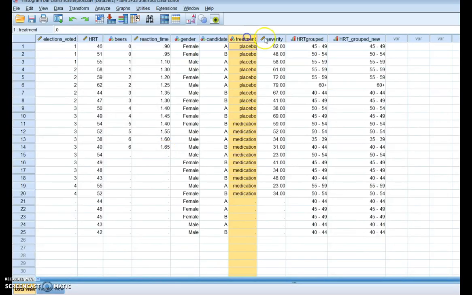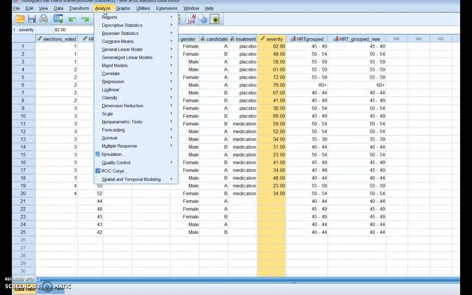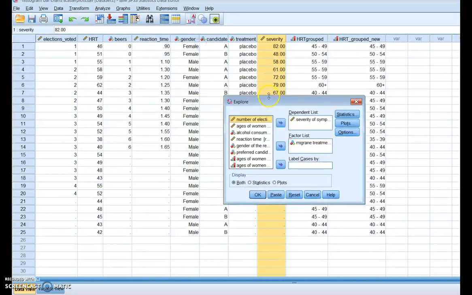You have arrived at this sheet with treatment and severity. We want to explore the relationship between this categorical data and this quantitative data. We go analyze, descriptive statistics, and you see there is one option that we haven't used, explore.